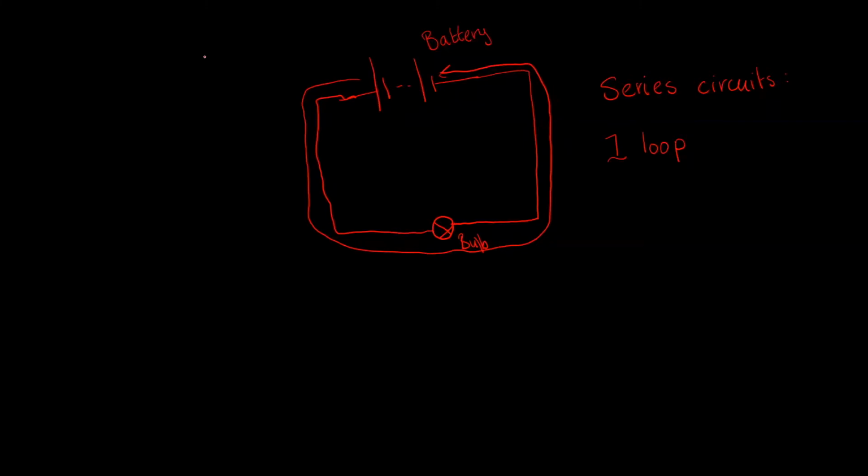So parallel circuits. Parallel, all the L's in parallel, remember somebody saying. So parallel circuits, we'll draw the battery again. It sort of starts out the same, with the bulb.